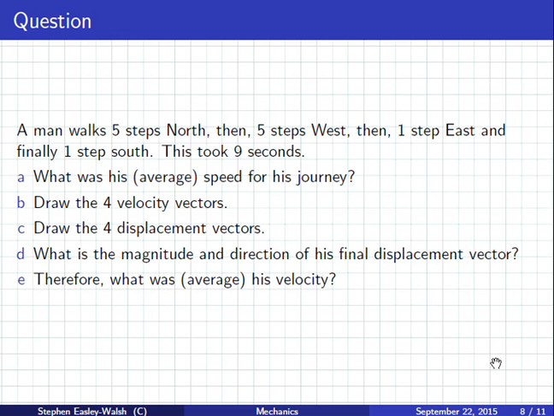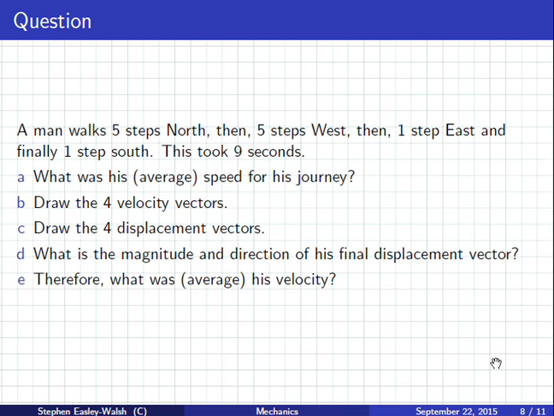So the first question is, what is his speed? I gave you the formula in the last class. What is the formula for speed? That's velocity. Speed is distance over time. So, what is his distance traveled? 12 steps. So the distance is 12.